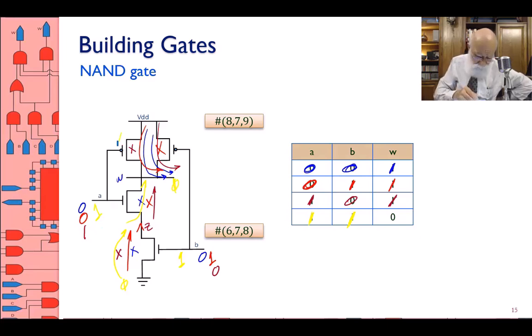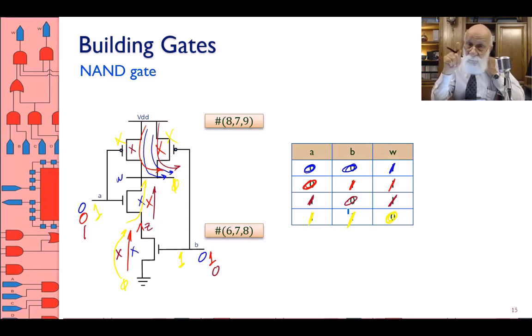A 1 here is not conducting, this is not conducting, and therefore good. I'm happy that the pull-up part, the two PMOS transistors, are not pushing anything to the output, and therefore my output remains 0. What I have here is a gate structure where, if A input is 1 and B input is 1, the output is 0.